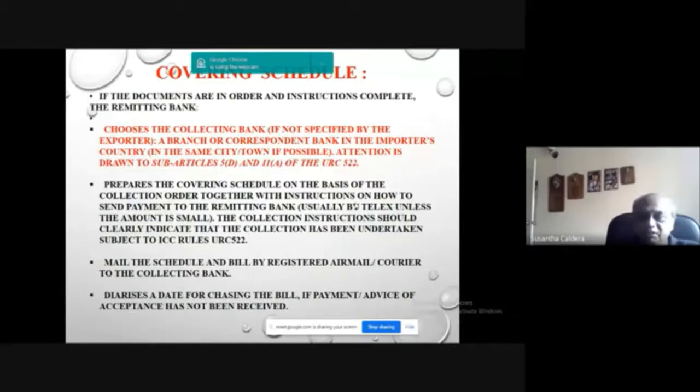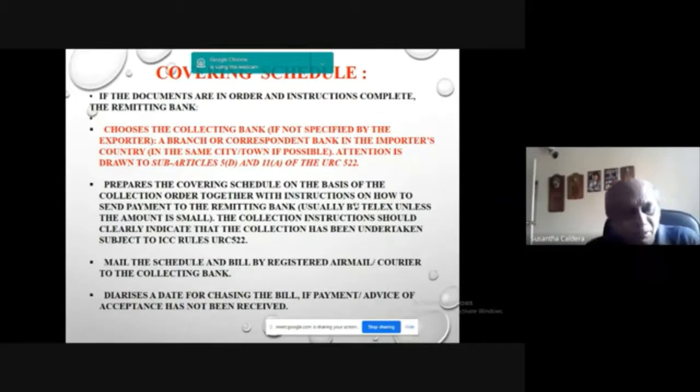The remitting bank is not responsible. Because they have to get the collecting bank confirmed by the drawer or the exporter. If they have not given it, these people have sent it to their correspondent bank in the importer's country. They have done it in good faith, so they are not responsible.